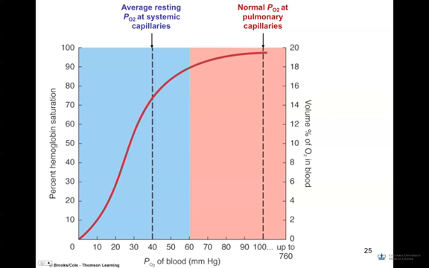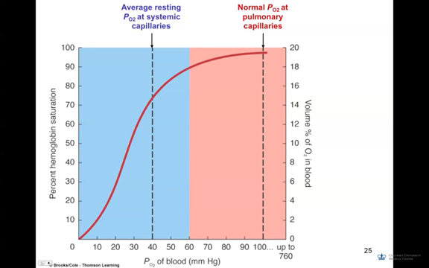Now that hemoglobin and that blood moves out of the pulmonary capillaries, it goes back to the heart, and then goes on to systemic circulation. The PO2 at systemic capillaries is more like 40, maybe even a little bit lower, depending on how metabolically active the tissue is. At that range of PO2, hemoglobin, even at small changes, starts to let go of oxygen very easily.